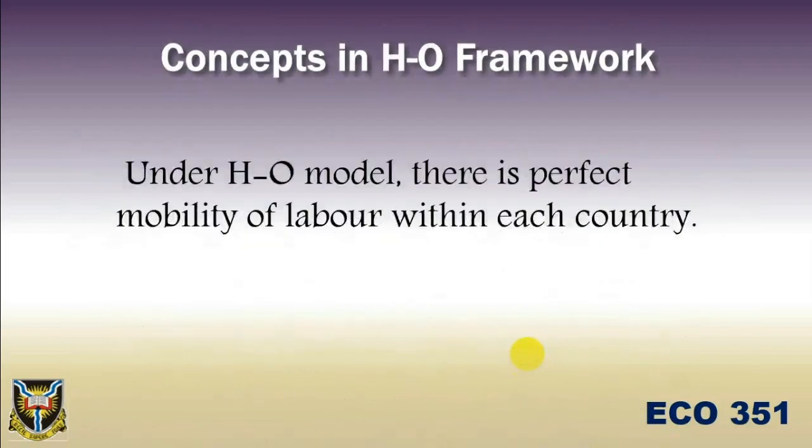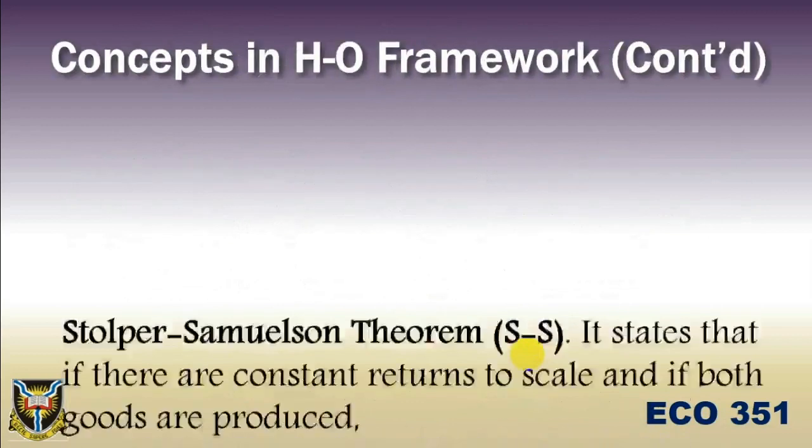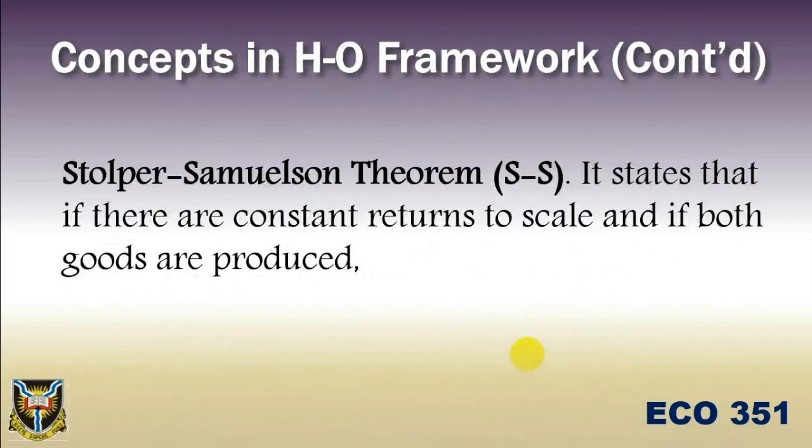Under the HO model, there is perfect mobility of labor within each country. Hence, countries will continue to trade until the relative prices converge. Given that it is the relative international price that determines the value of marginal productivity, factors of production will earn the same reward everywhere in both countries.